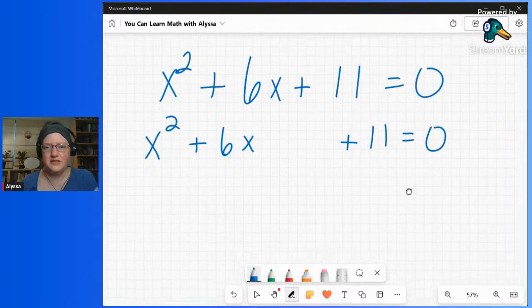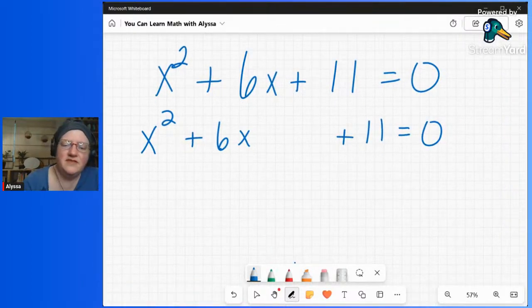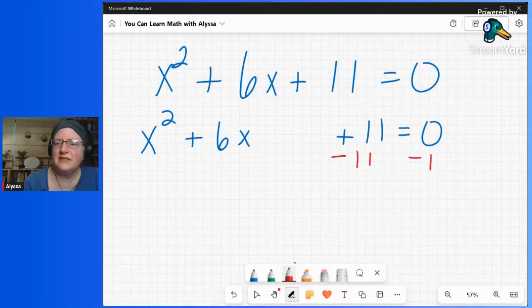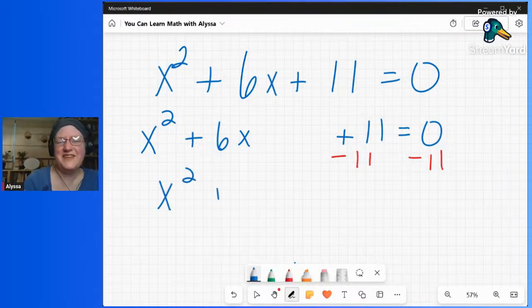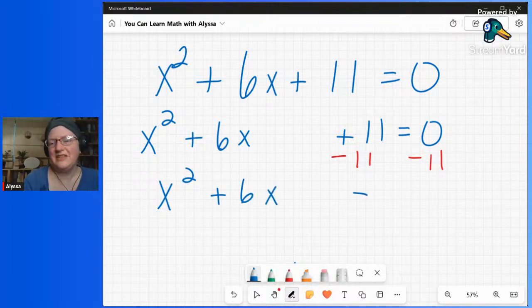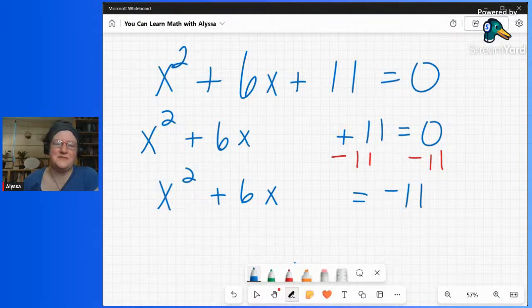You absolutely can do that. In fact, I'd recommend it. We'll go ahead and subtract 11 from both sides. We're going to get that 11 over there. So then we have x squared plus 6x, leave my little gap, and I have my negative 11 on the right-hand side.